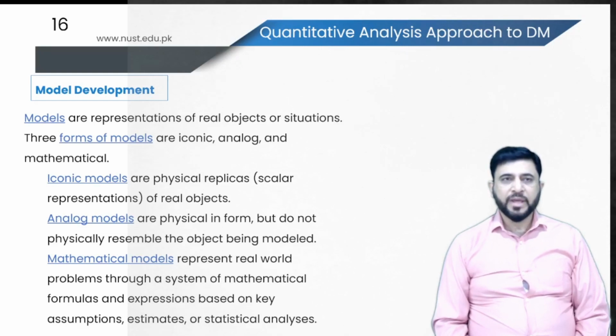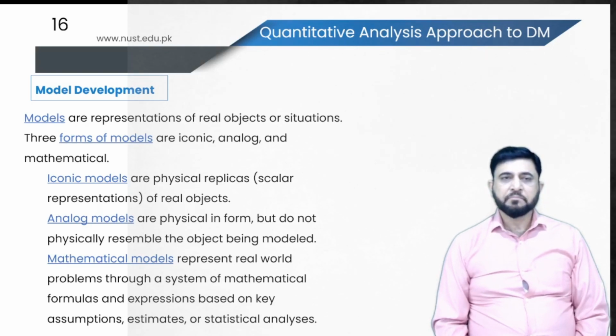Whenever we form a model, we have to keep in mind that it may be any one of these three types. First is iconic: physical replicas, scale representations of real objects. Second, analog models: they are physical in form but do not physically resemble the object being modeled.